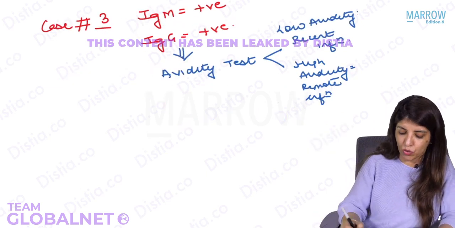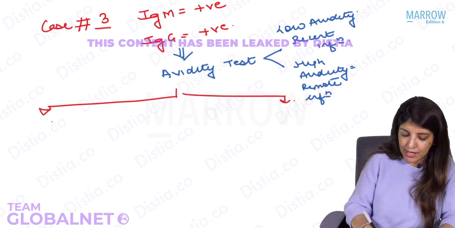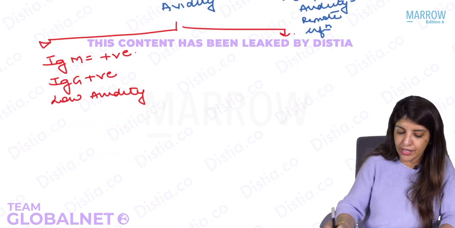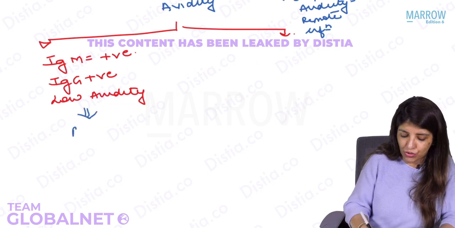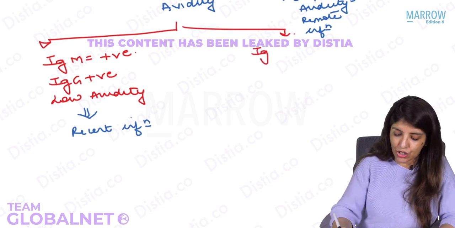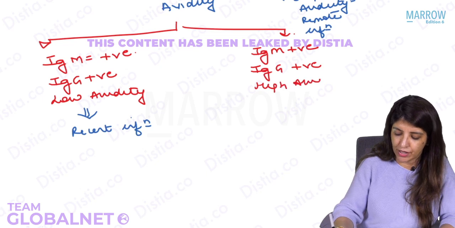So in this case, I can get two types of results. I can get IgM positive, IgG positive with low avidity. Low avidity means recent infection. Or I can get IgM positive, IgG positive and high avidity.